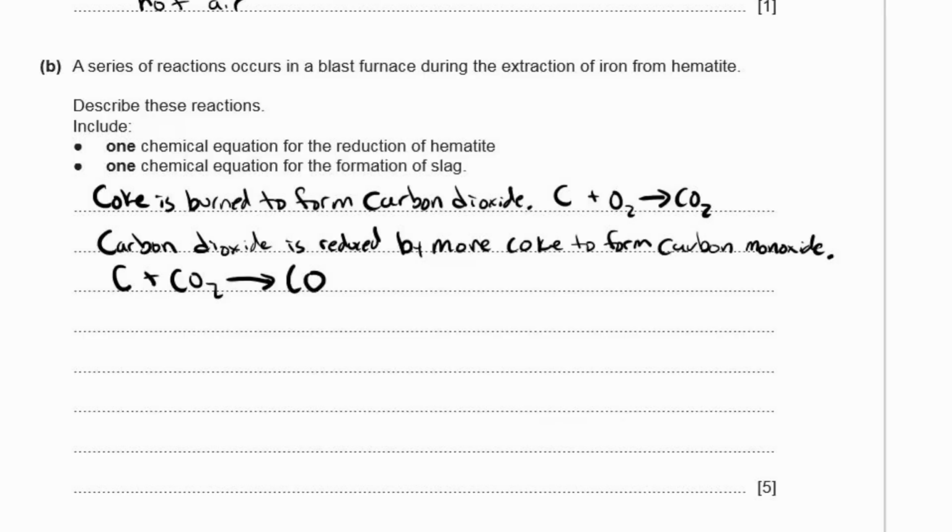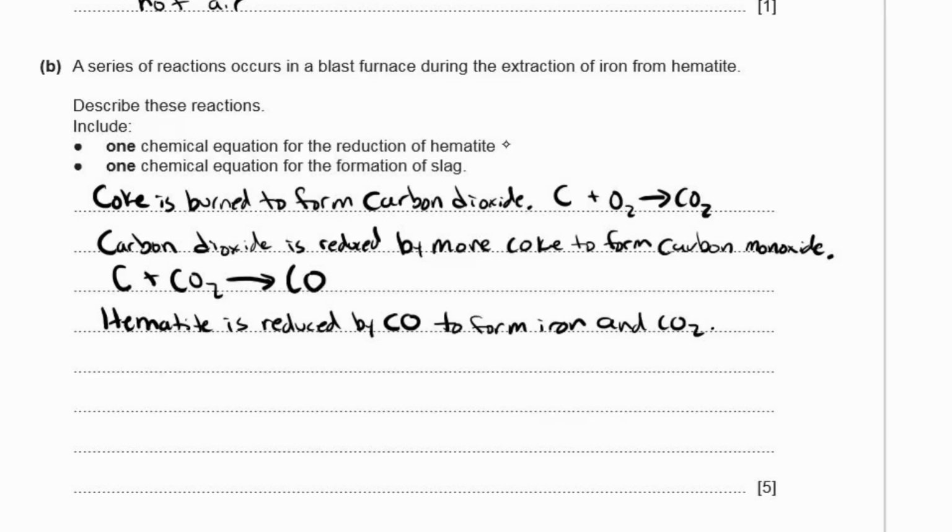The next thing that happens is that hematite is reduced by carbon monoxide to form iron and CO2. This is the first chemical equation they want to see. It is Fe2O3 plus 3 CO produces 2 Fe plus 3 CO2.